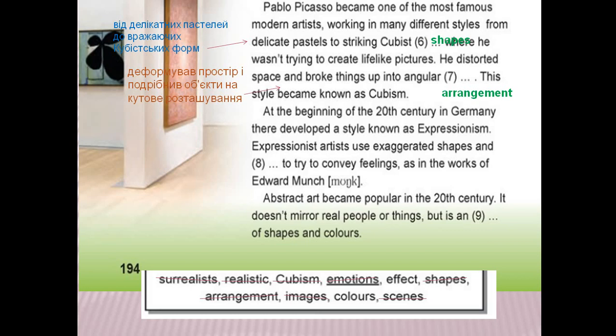At the beginning of the 20th century, in Germany, they developed a style known as expressionism. Expressionist artists use exaggerated shapes and colors, of course, shapes and colors, to try to convey feelings, as in the works of Edvard Munch.